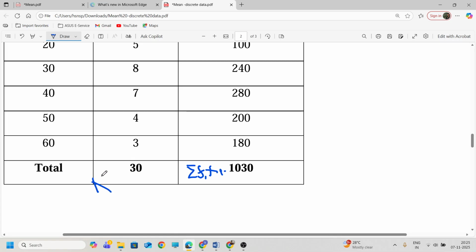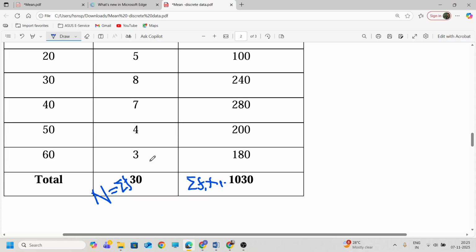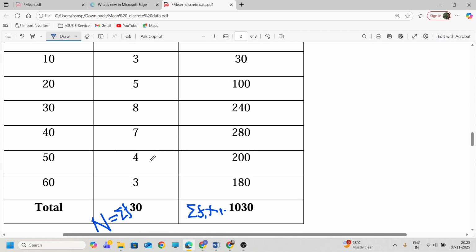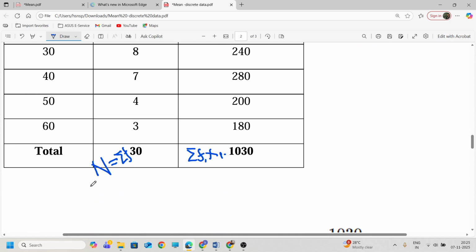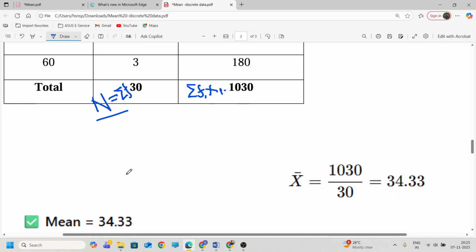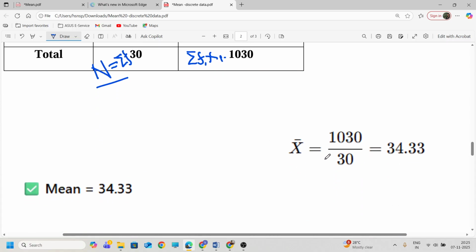The n value means the summation of f. Total frequency is called n. Okay, so the summation of f is called the n value, the number of values. This is the formula, sigma fx divided by sigma f. Okay, average we find. This is the mean. The mean value is 34.33.